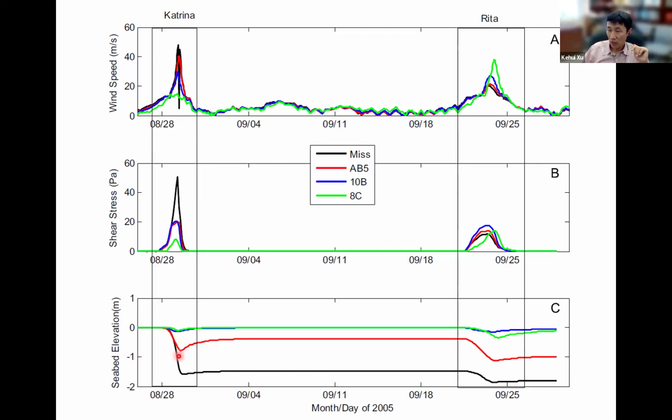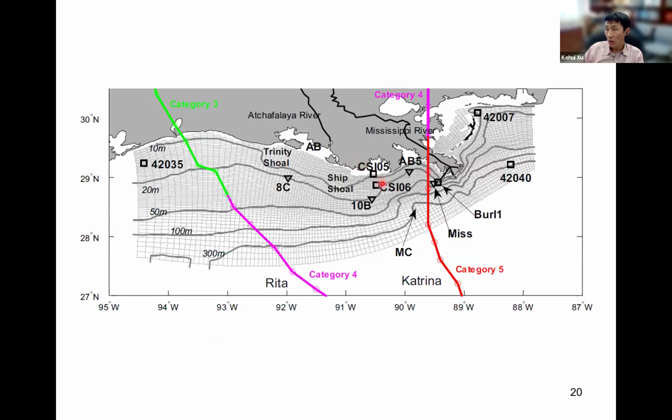So this is the erosion and deposition here, and then this is another erosion with not much deposition. This is the seabed elevation curve. Just from this, you can figure out how much is from Katrina and how much is from Rita at each of those 4 locations, which are located in this area.